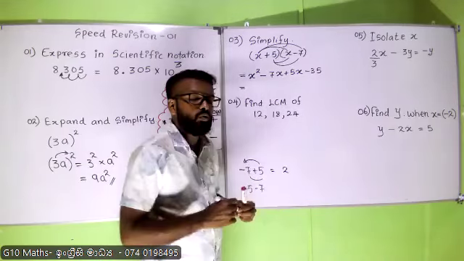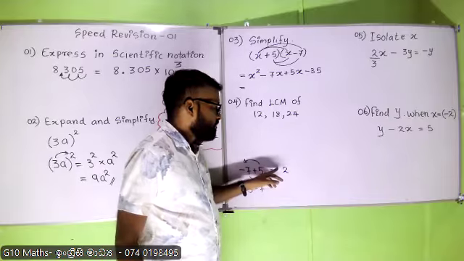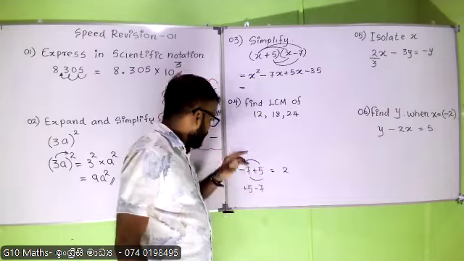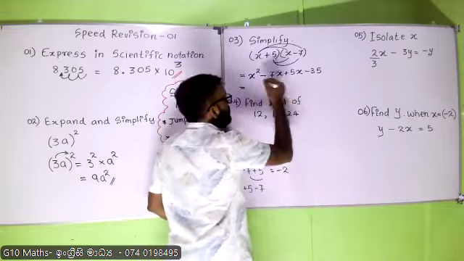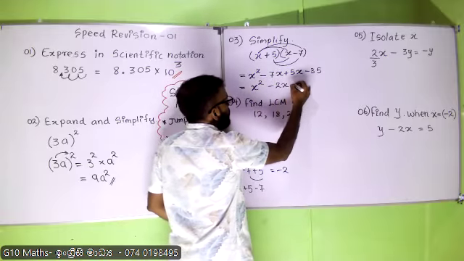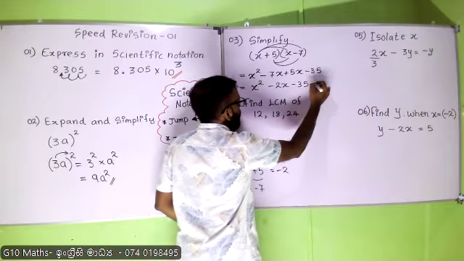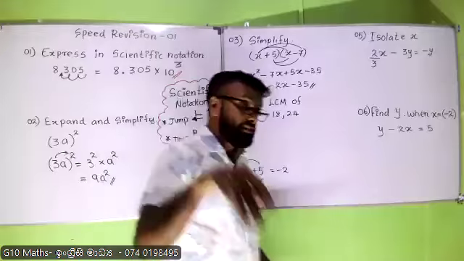How am I going to define the sign? The biggest number is 7, and its sign is negative, so my answer is negative. So this is x to the power 2 minus 2x minus 35.